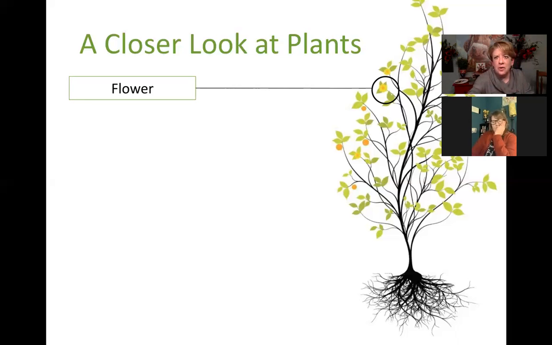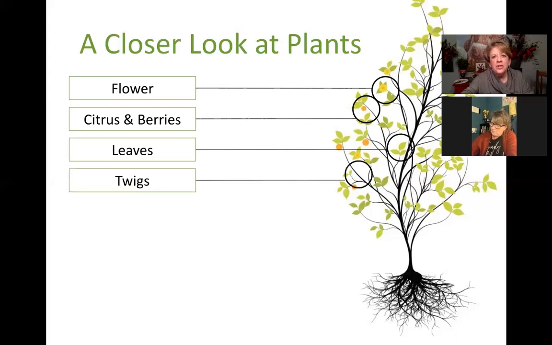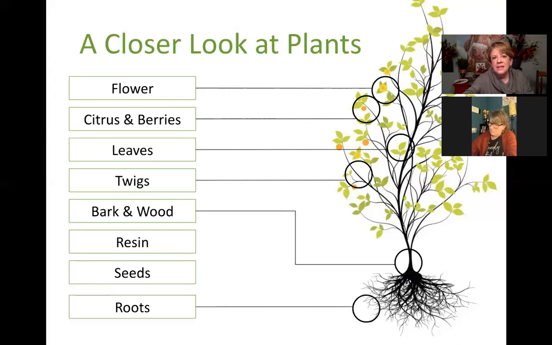Let's talk real quickly first about the different things on a plant. You've got the flower, citrus and berries, or the fruit of the plant, leaves, those are the protectors of the plant, twigs, that's the support system of the plant, bark and wood, and the resin, and then the seeds and the roots. So let's talk for just a minute about what all of those different things do.